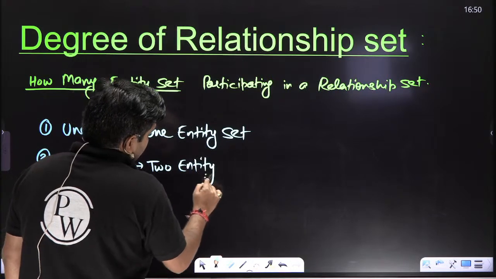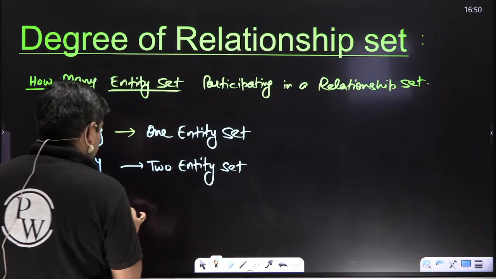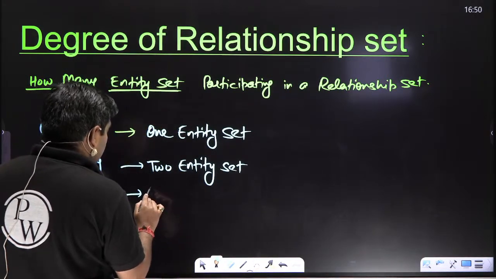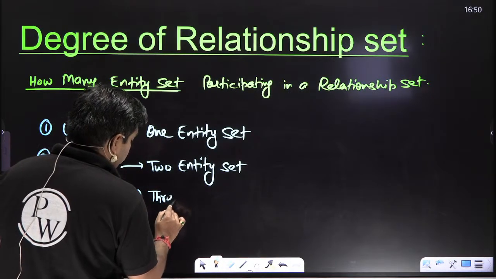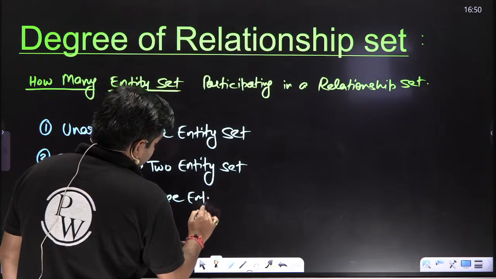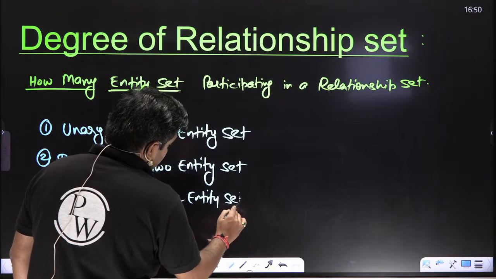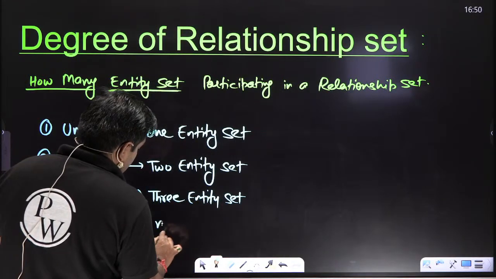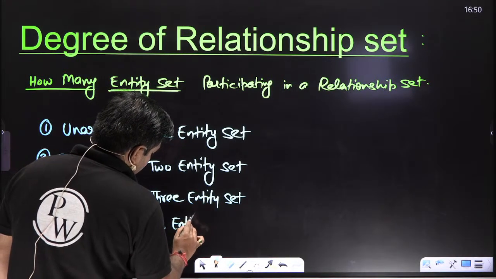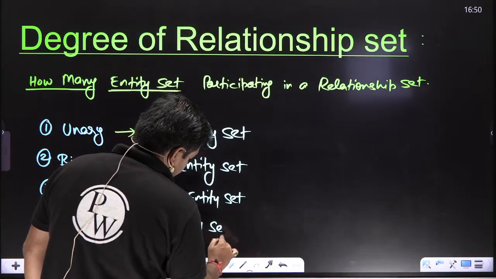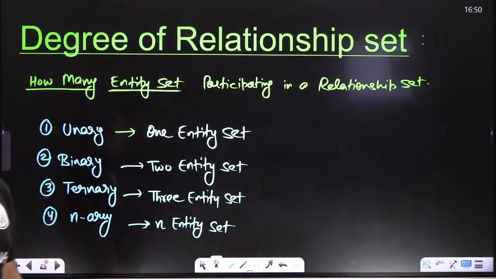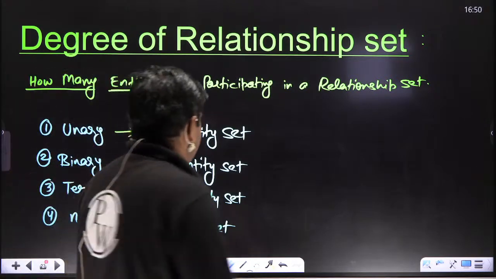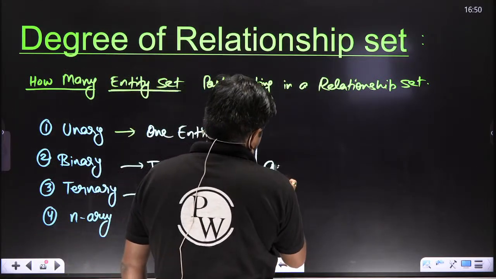If two entity sets participate, then binary. If three entity sets participate, ternary. If n entity sets participate, that is called n-ary.